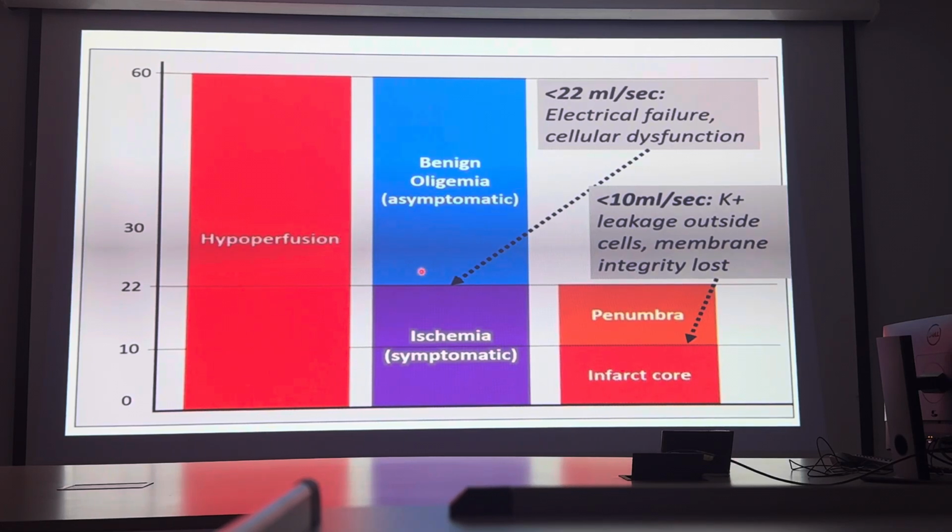If we approach the level of 22 ml, we will go into the ischemia phase, which includes the penumbra, where the cerebral blood flow is between 20 and 12 ml, and the infarct core, where the cerebral blood flow is below 10 and the cell is completely damaged.